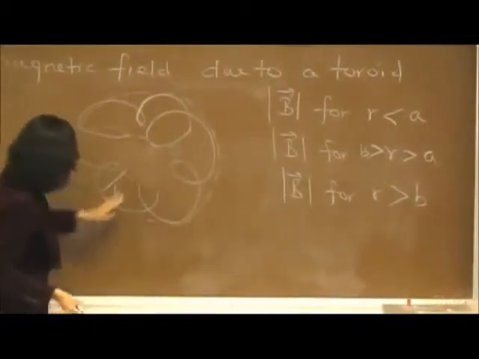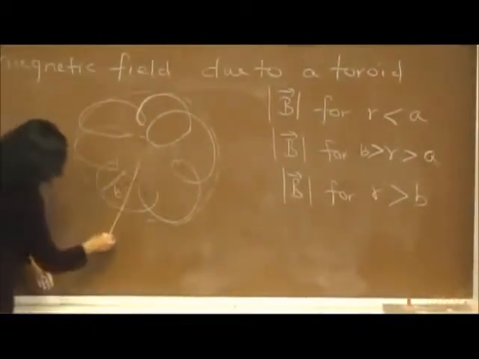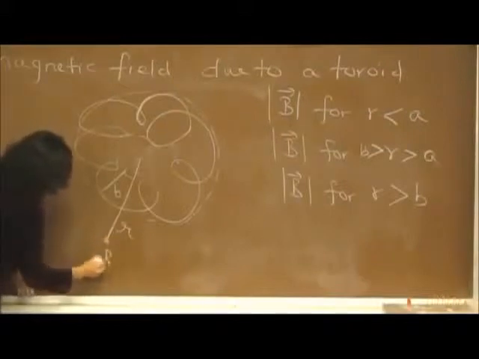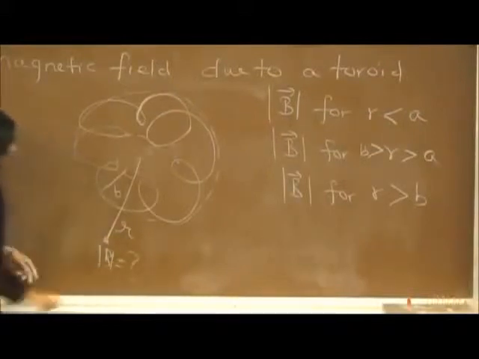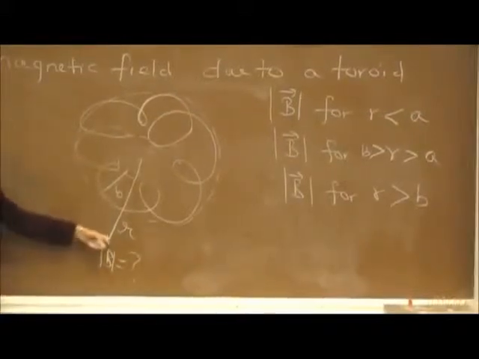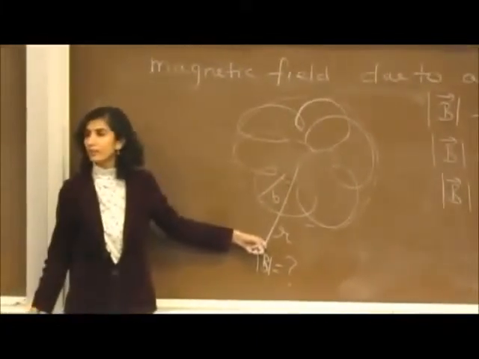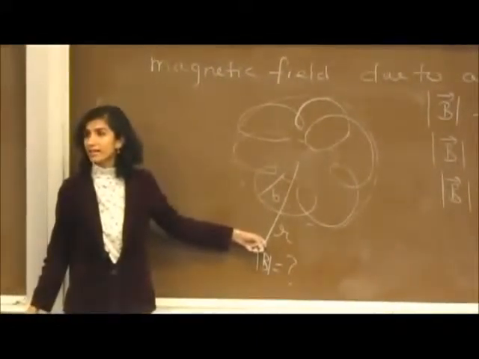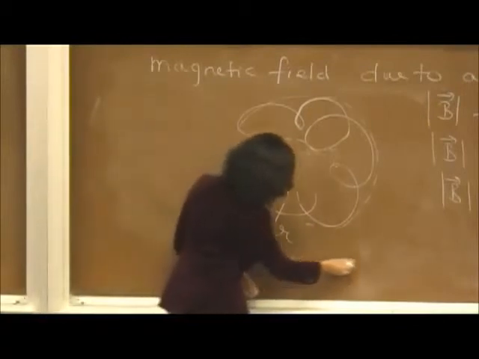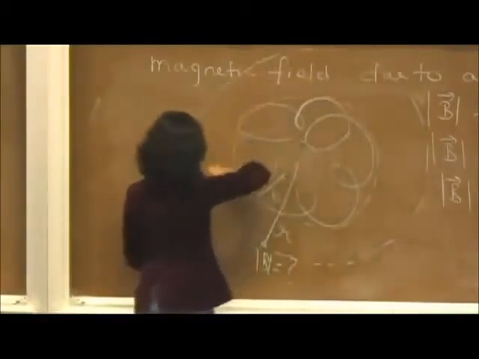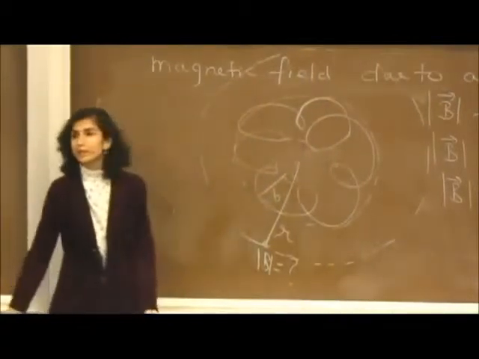So for case 3, I have some point over here at a distance r away, and you are saying find the magnetic field here. Should I again choose an Amperian loop passing through this, which is a circle? Yes. So I can choose my Amperian loop to be passing through this point like this, which is a circle.